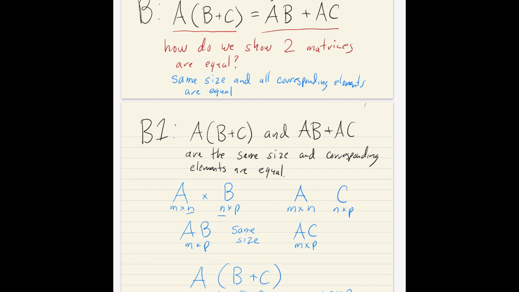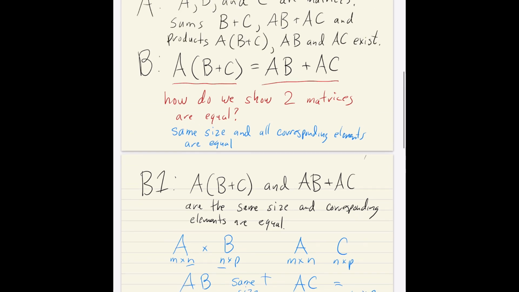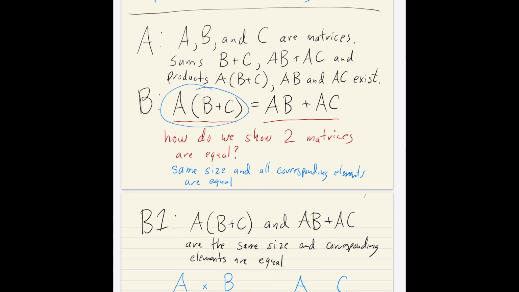And then if we add AB plus AC, the matrix that we get will also be m by p. So I've really just shown that these two matrices must be the same size. But we haven't done our proof yet. If I show they're the same size, I also have to show that all corresponding elements are equal.